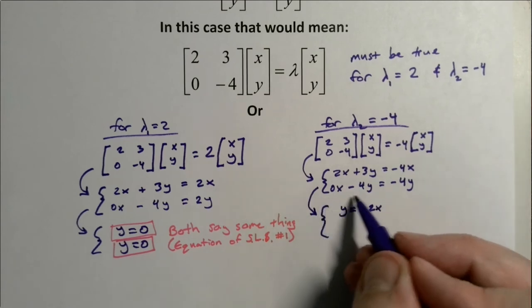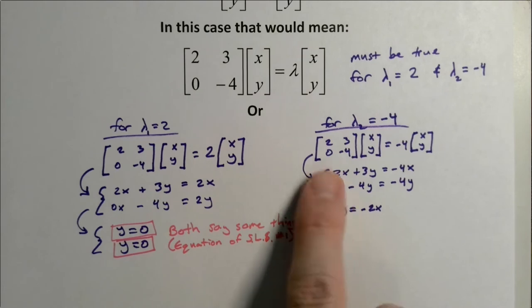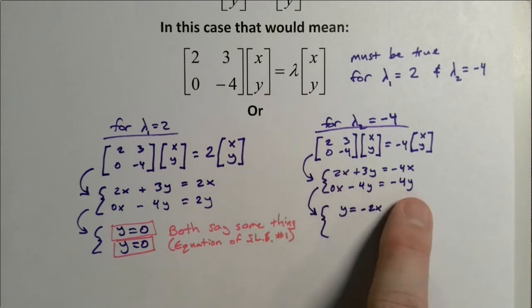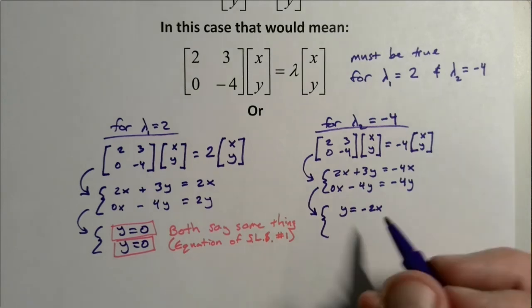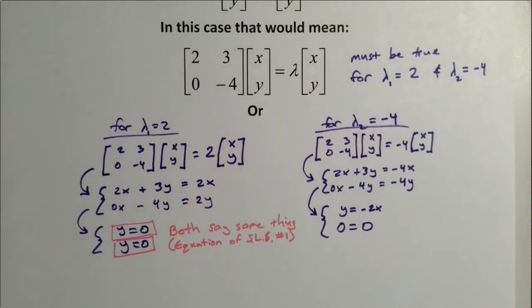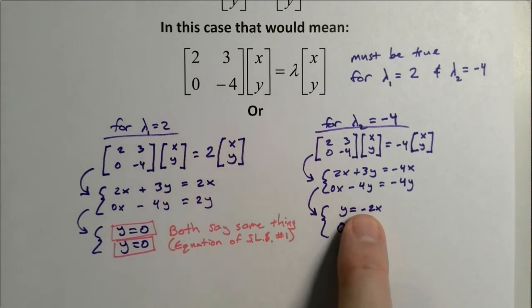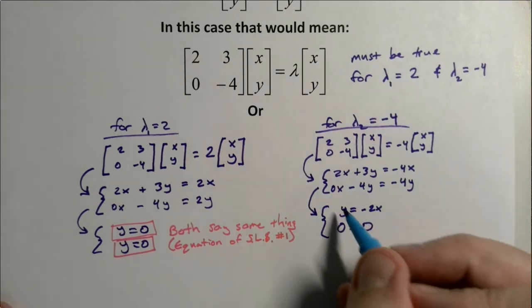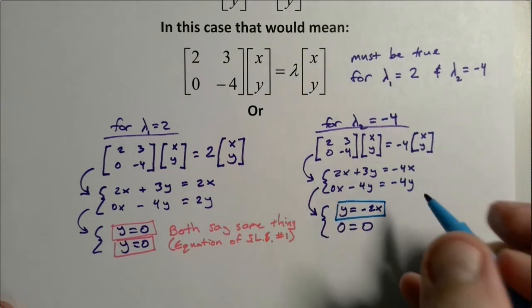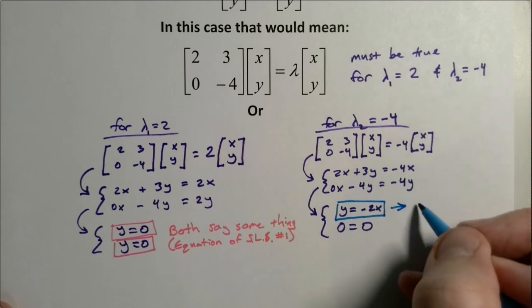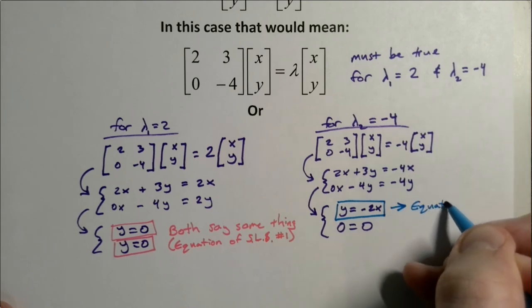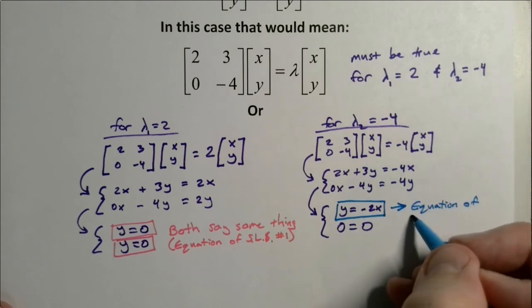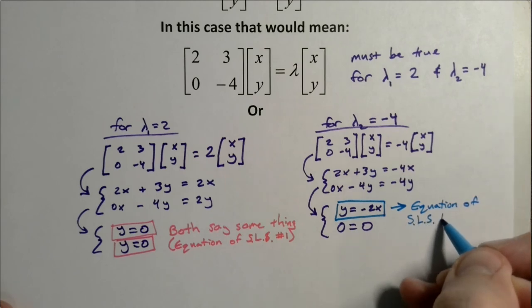And down here, what happens to this equation? Well, you've got 0x, so that's gone, and you have -4y equals -4y. Well, that's just 0 equals 0. So this is no new information. But the equation right here tells us what's going on in our second straight line solution. If you remember, that's the equation of straight line solution number 2.